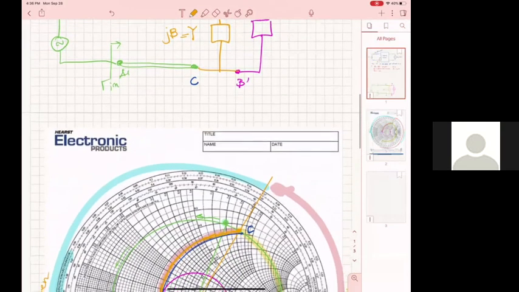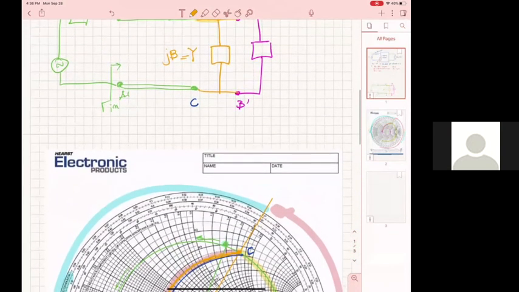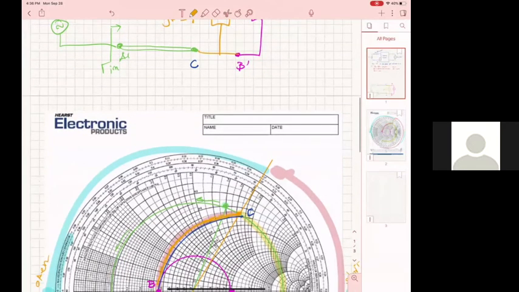Now, this B, the susceptance. I found that when I arrive at C, that's my C point.